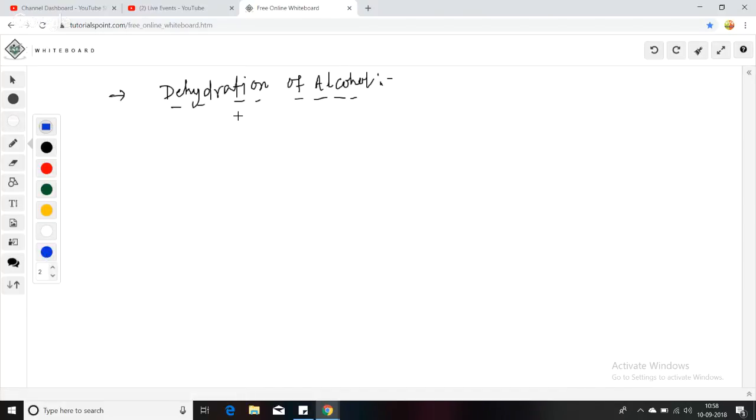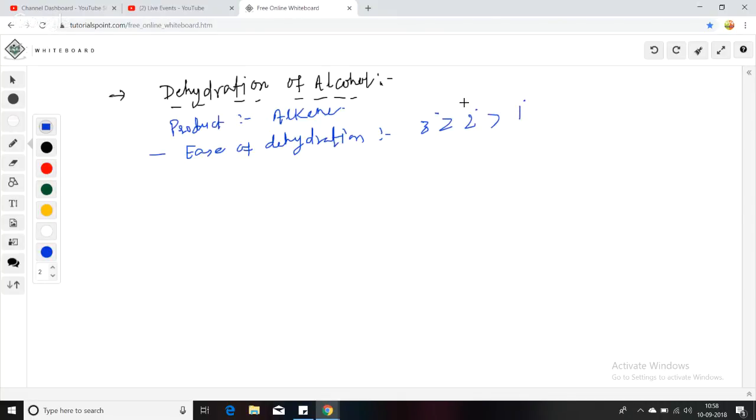Alcohol on dehydration gives alkene as the product.